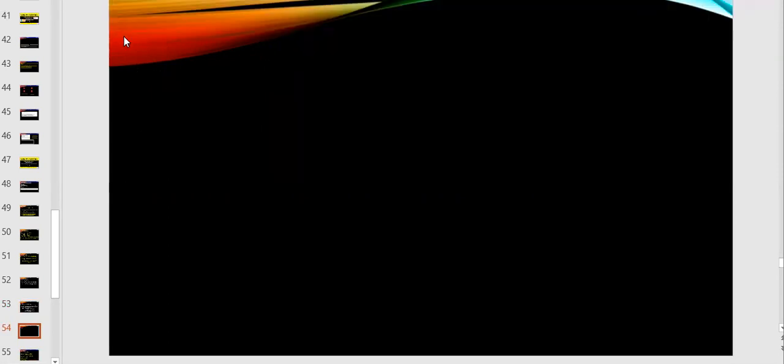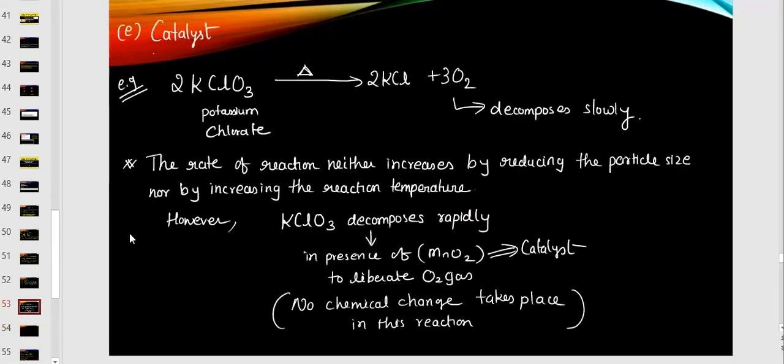Let me take one more example here. This was one example I had taken, potassium chlorate. One more example, let us take.